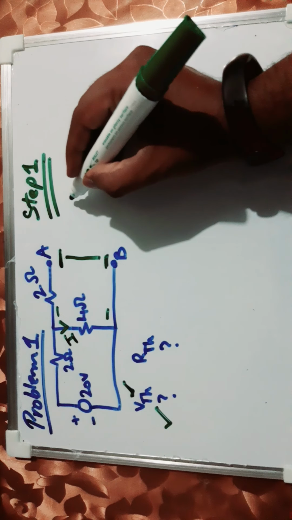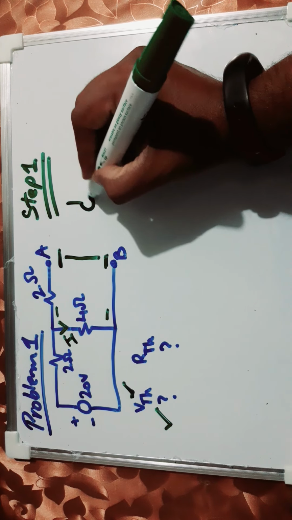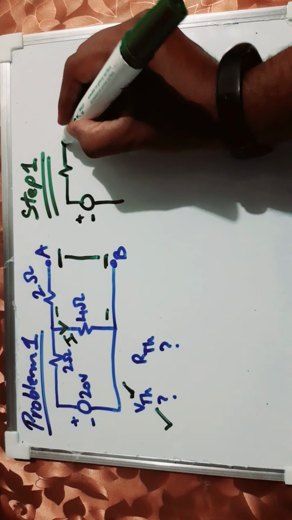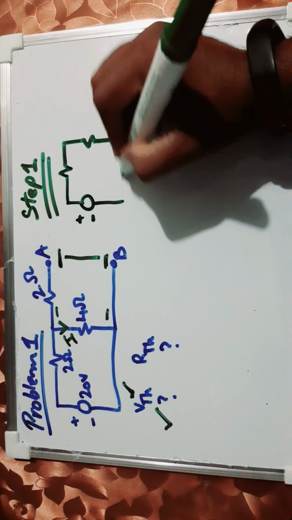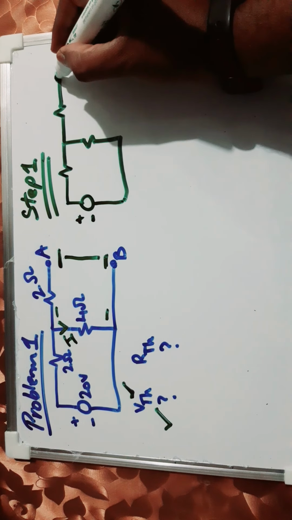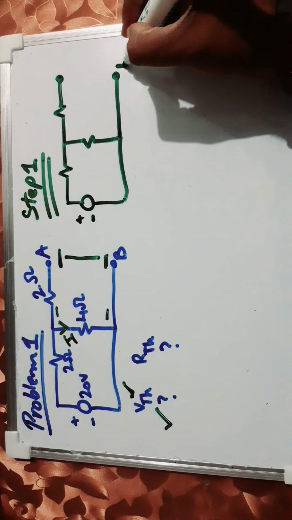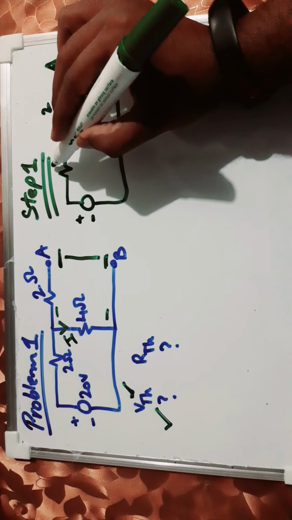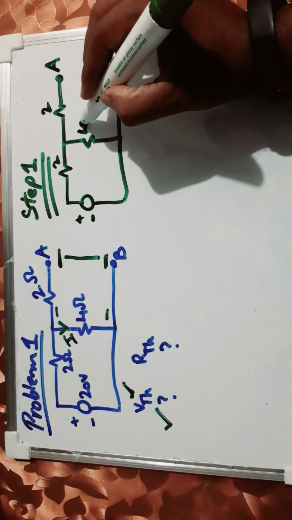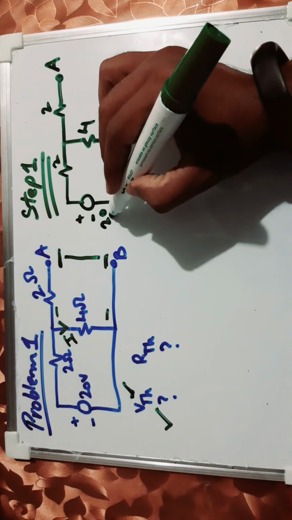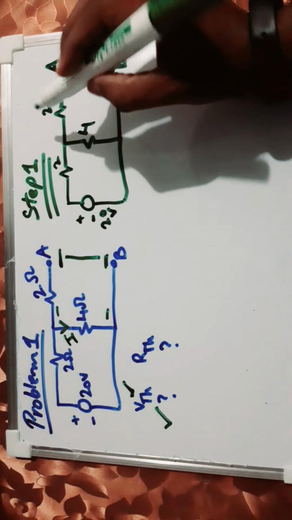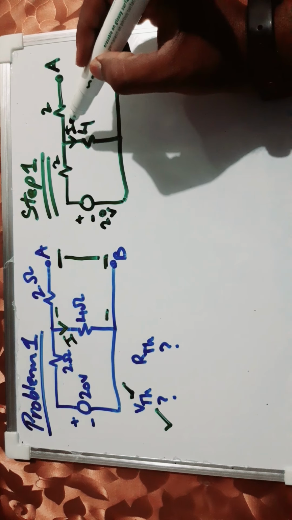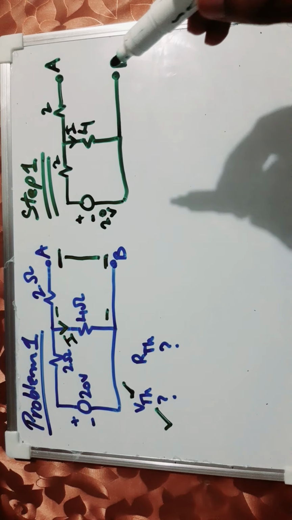So this is our simplified circuit. 20 volt. So we have to find I here. So how will we find I here?